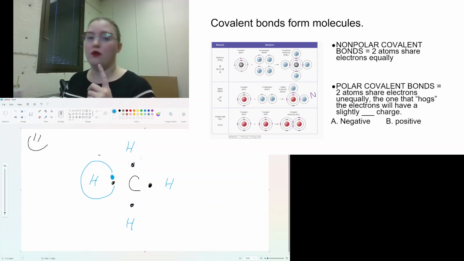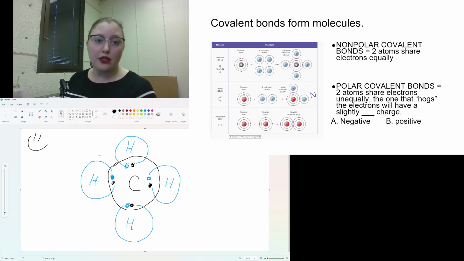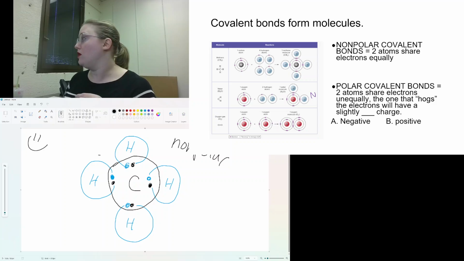Now, carbon wants 4 bonds, so it needs 3 more hydrogens, right? So we have 4 covalent bonds here. And it is sharing these electrons. And these electrons are being shared equally, so this is a non-polar molecule. Non-polar. Okay?